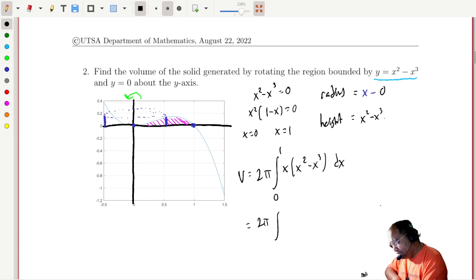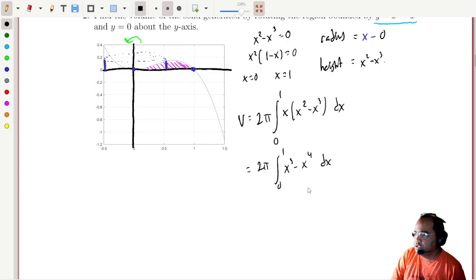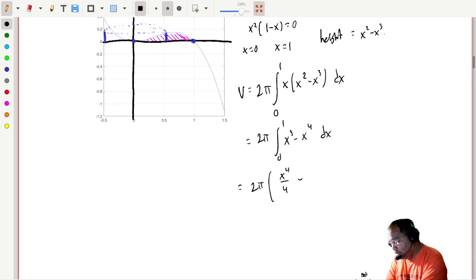Let's go ahead and do that, right? So when we multiply the x through, we get x cubed minus x to the fourth. Okay, go ahead and use the power rule here. So we add 1 to the exponent here, that 2 pi factor. So x to the 4 over 4 minus x to the 5 over 5. Evaluate between 1 and 0.